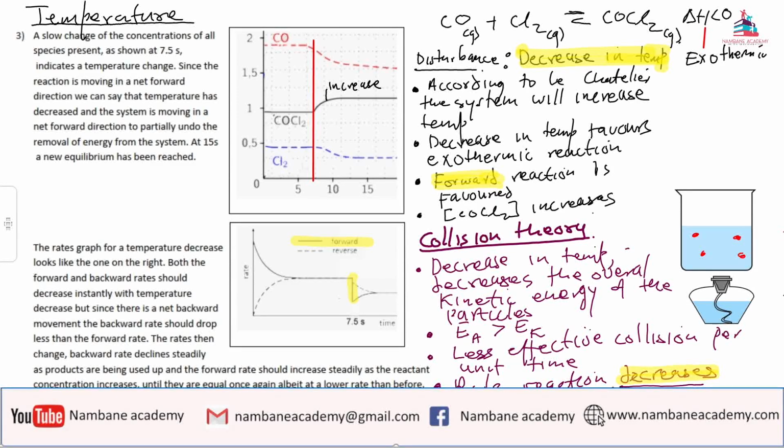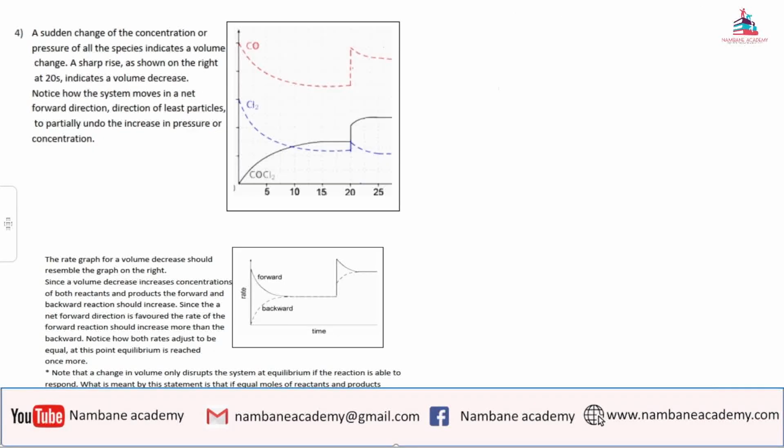Now, if temperature is done, it means we are only left with one factor. What is that one factor? That one factor is pressure. Let's move. Let's write the equation down.